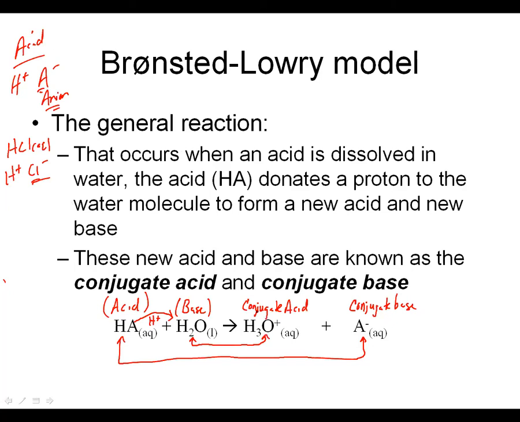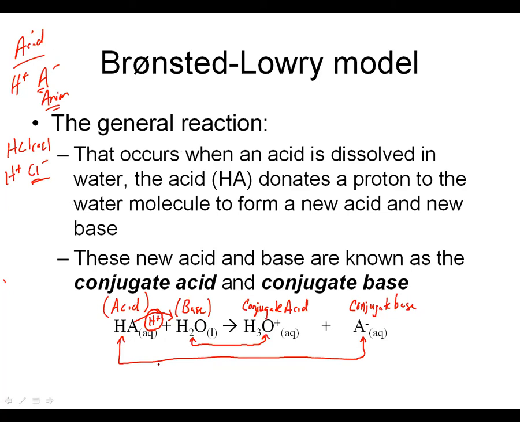The other really important thing in terms of the relationship between an acid and its conjugate base, or a base and its conjugate acid, is the difference between those two things. It really comes down to the definition of an acid and a base, which is that it will donate or accept an H plus. Basically, that means there is only one H plus difference.